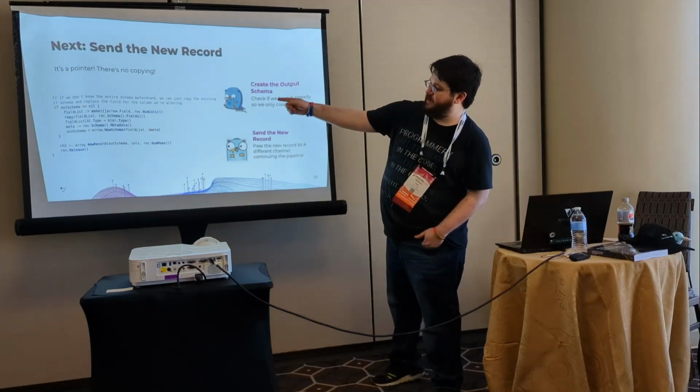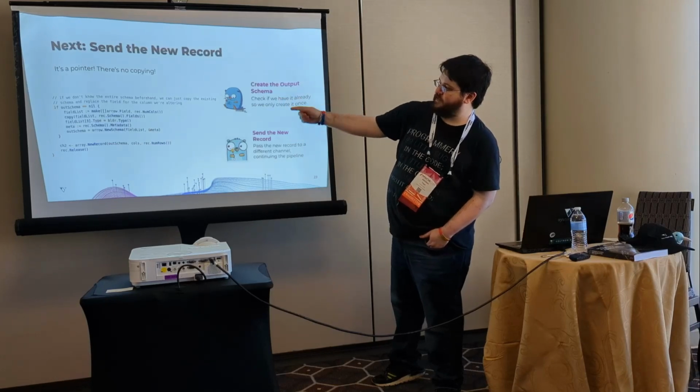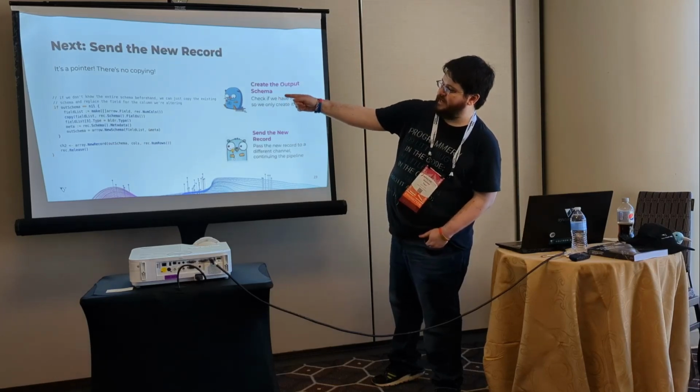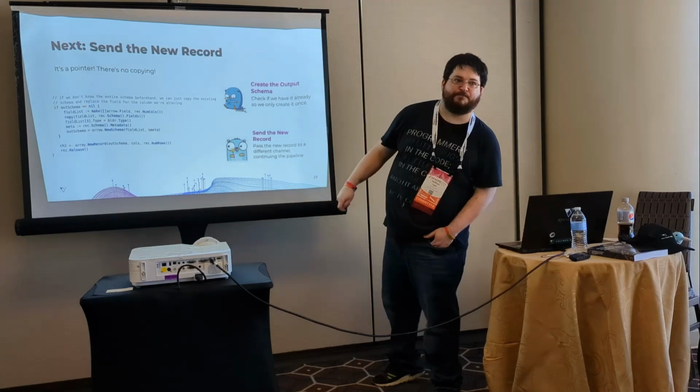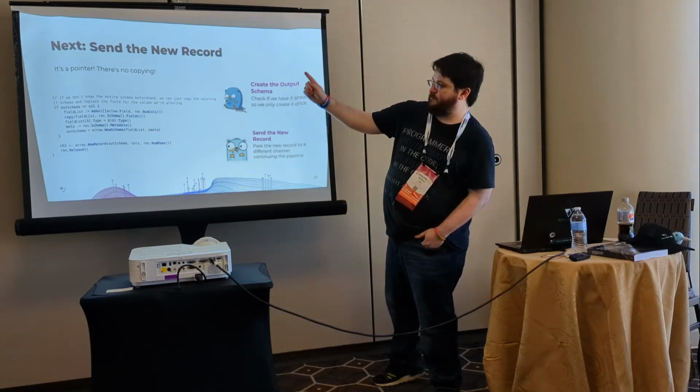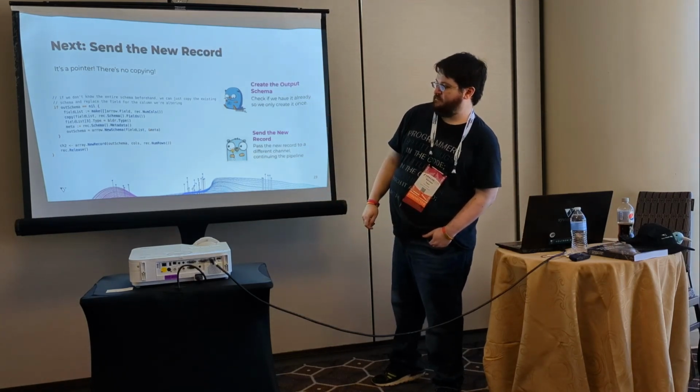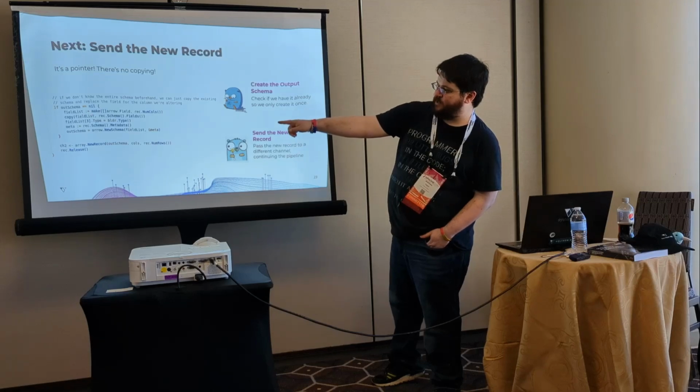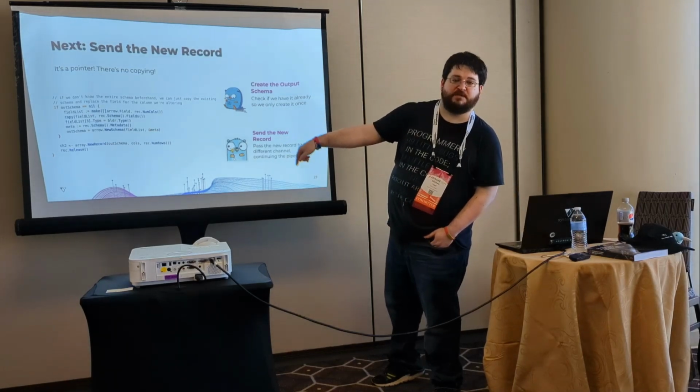So, we make our new record. In this case, if I haven't already figured out what my output schema is, I make my new output schema. And you can see I make a new record, passing it the schema, a slice of columns, the number of rows.